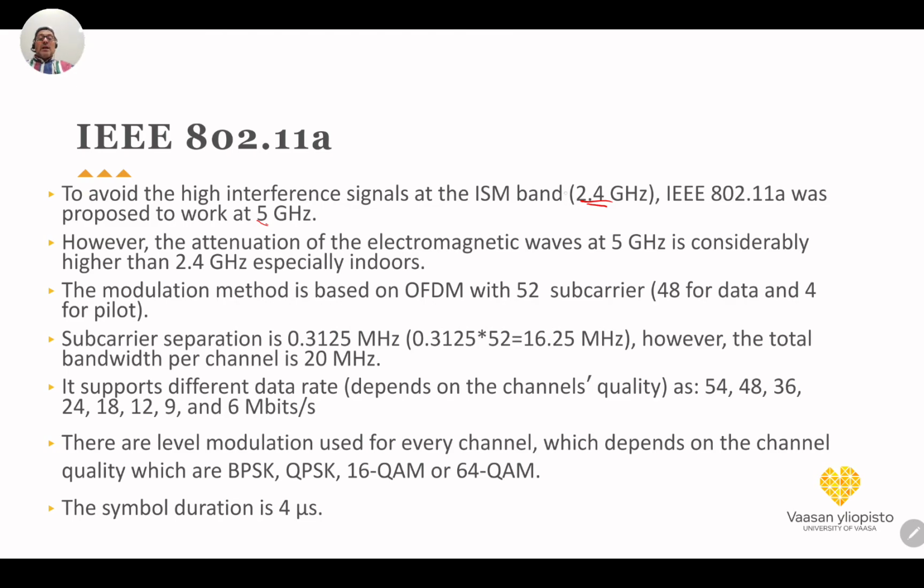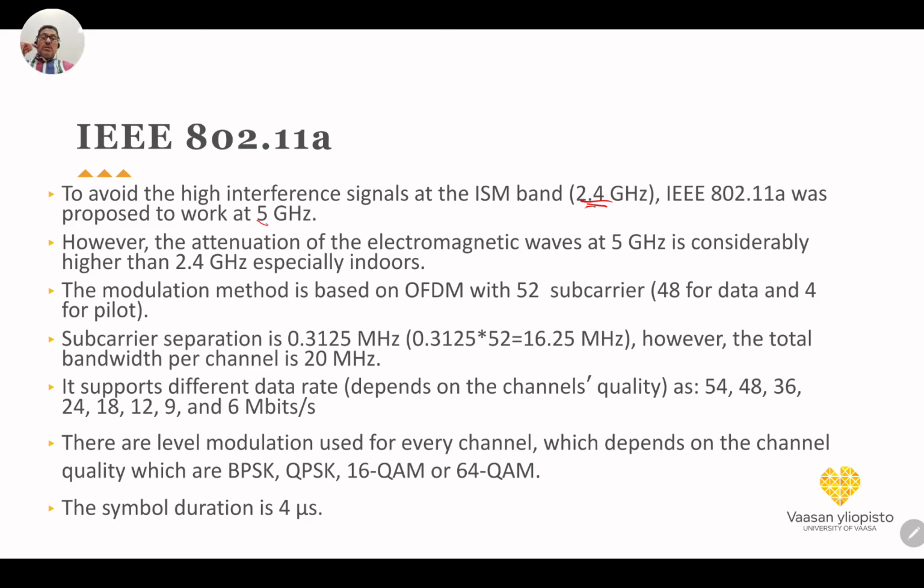However, 802.11b was working at 2.4 gigahertz. Even though a came before b, b spread more than a in the beginning, because at that time it was easier to manufacture and distribute devices at 2.4.